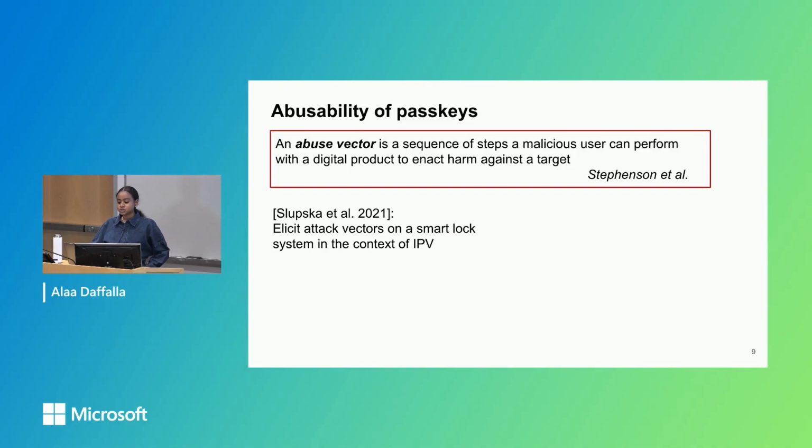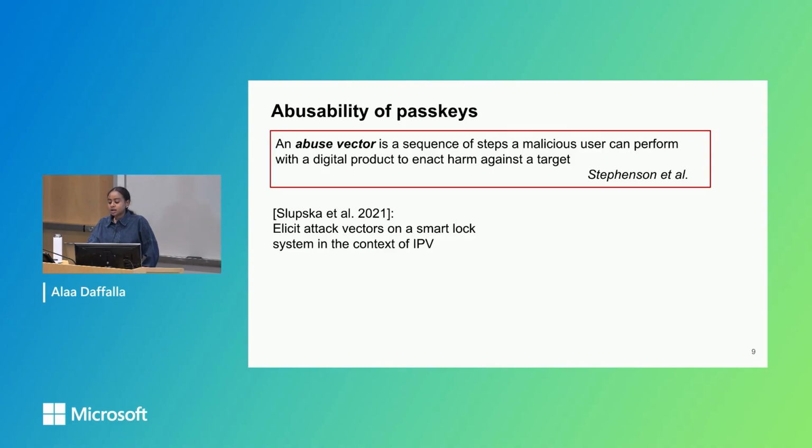Prior work has surfaced abuse vectors for specific products and features and in specific threat models. The first example here is Slupska et al., who modeled a smart lock system and elicited potential attack vectors in the context of intimate partner violence. In their work, this smart lock system was a hypothetical system.